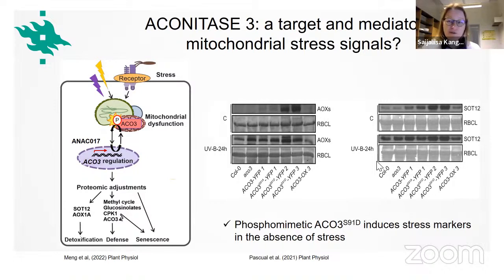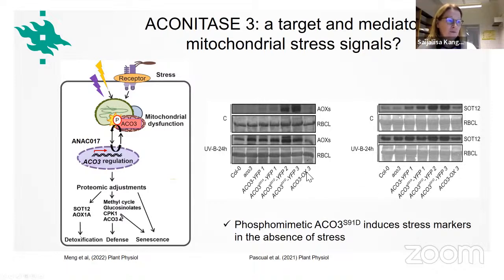Now, we also saw some very peculiar phenotypes that we are currently working forward to fully understand what this aconitase is really doing and what its signaling functions inside the mitochondria might be.